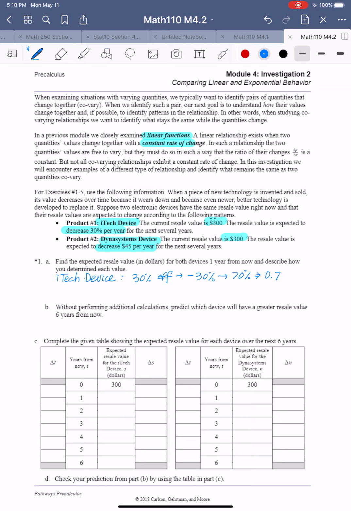You multiply 0.7 times the original price, and it becomes $210.